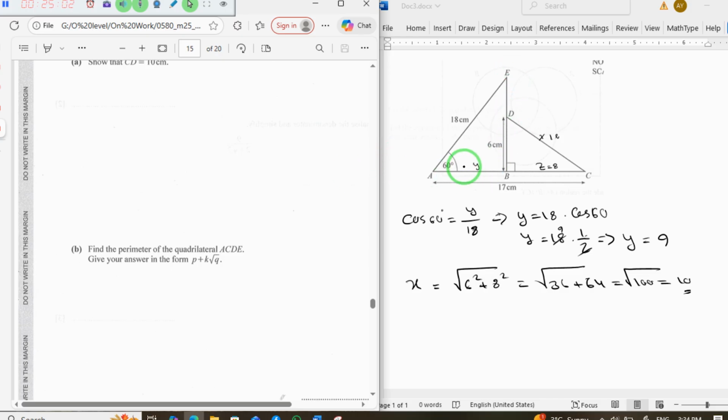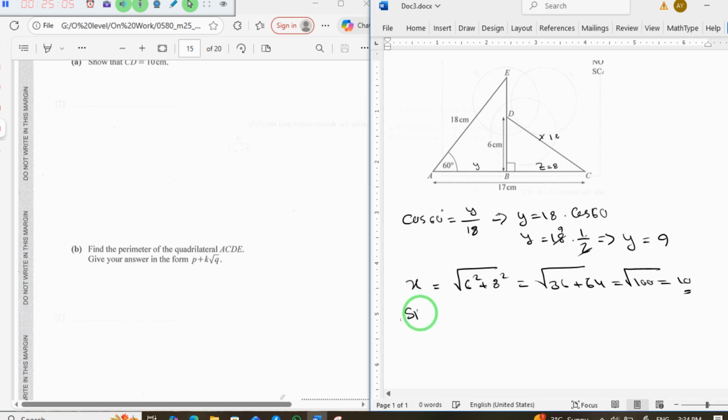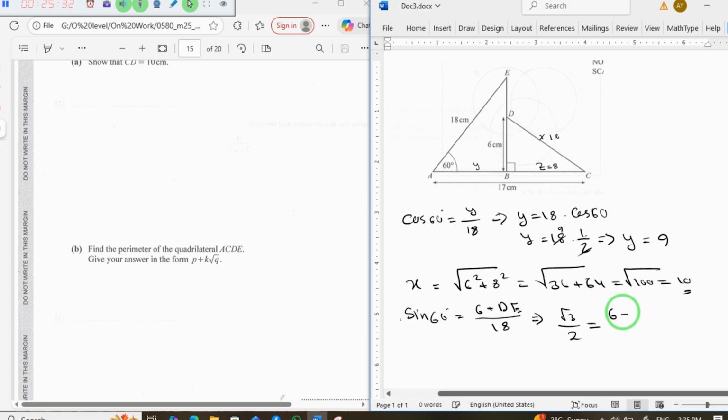First, to find ED, we use sine. We write sine of 60 degrees equals 6 plus DE over 18. Then the sine of 60 degrees, square root of 3 over 2, is equal to 6 plus DE over 18. We simplify this one: 1 times 9 times 2 is 18.